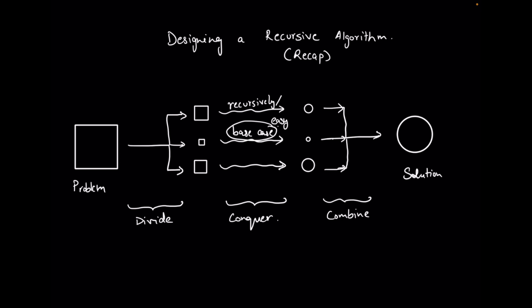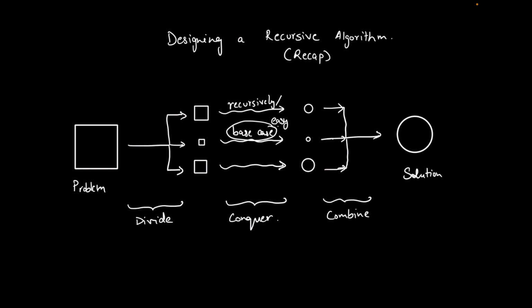This is usually easy because the base case is something obvious and the solution to that is also pretty obvious. In some cases, you might also need to write a very small or an easy algorithm to calculate the answer of the base case, but that's about it, right? So finding the base cases and the solution to the base cases is something which we consider easy, right? This is something that comes from common sense.